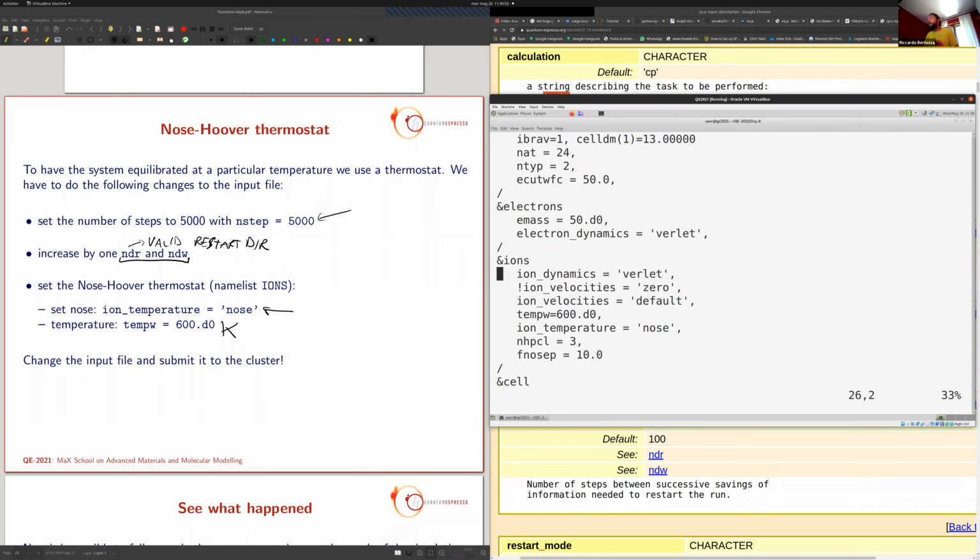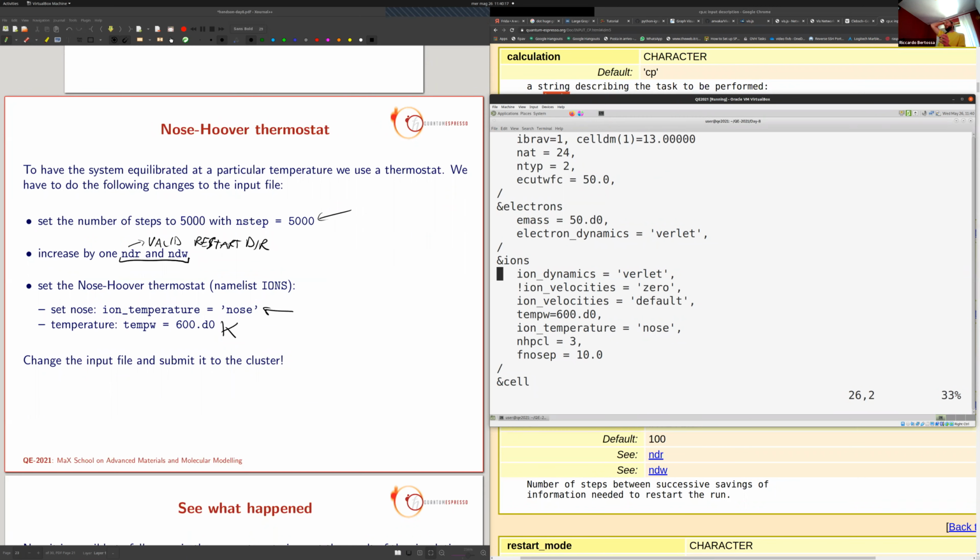You see, ion_dynamics Verlet, ion_velocities default. That means you copy the velocities from the previous restart, and the temperature of the thermostat, ion_temperature nose. Then there are two additional parameters that are very technical. I will not explain them; if interested, you have to study the way the Nose-Hoover thermostat works.